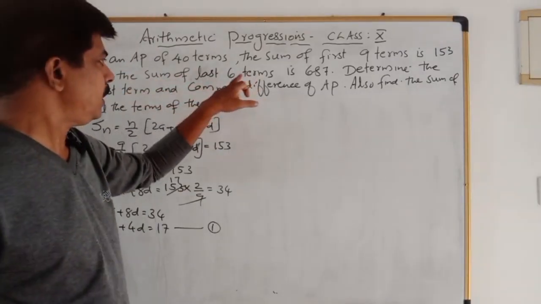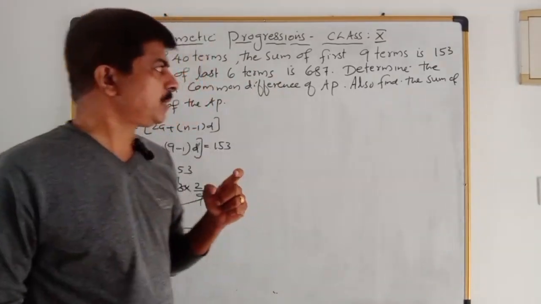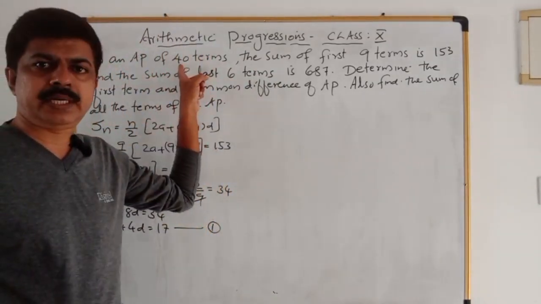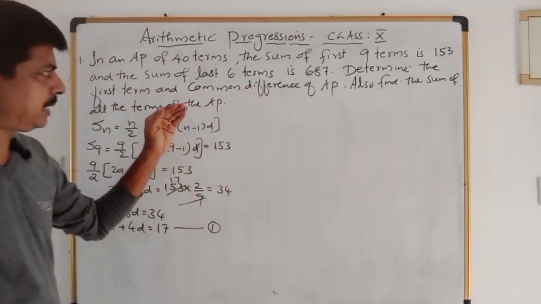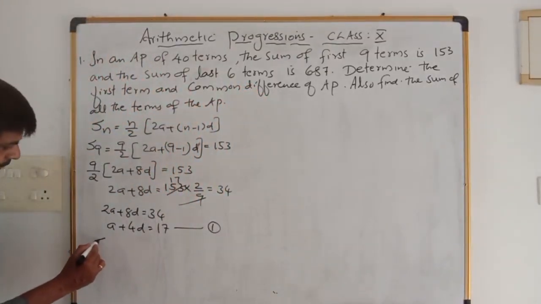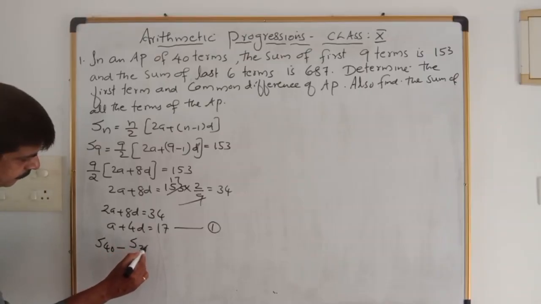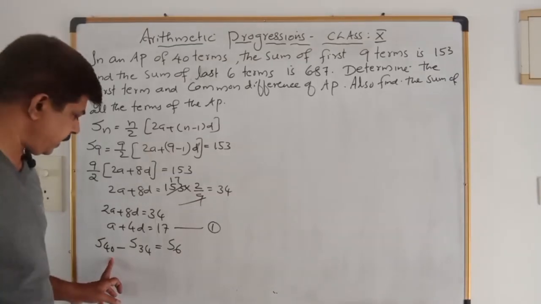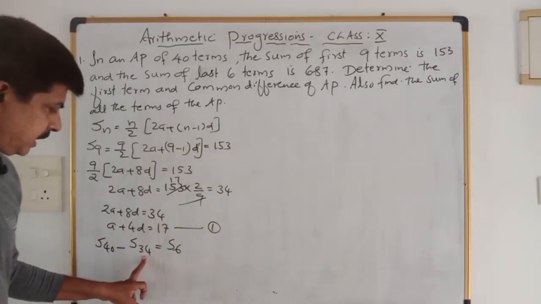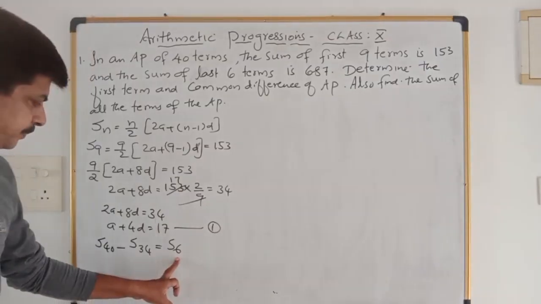Now from the second statement we can make another equation. The sum of the last 6 terms. We already know that there are 40 terms. So for the sum of the last 6 terms we can use one method: S40 minus S34 is equal to S6. If from the first 40 terms you subtract the first 34 terms, we will get the sum of the last 6 terms.